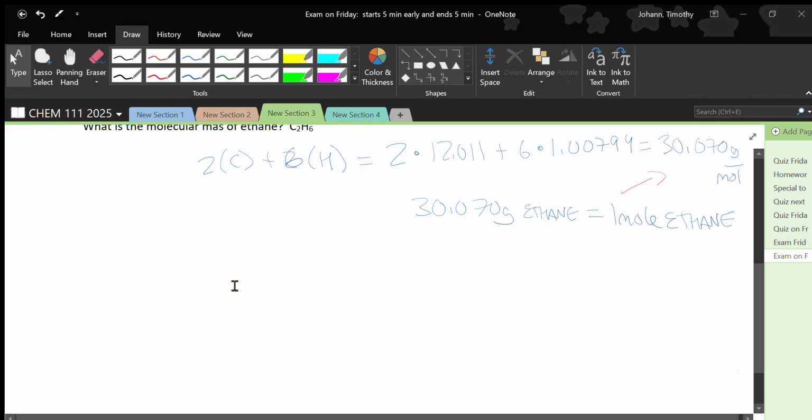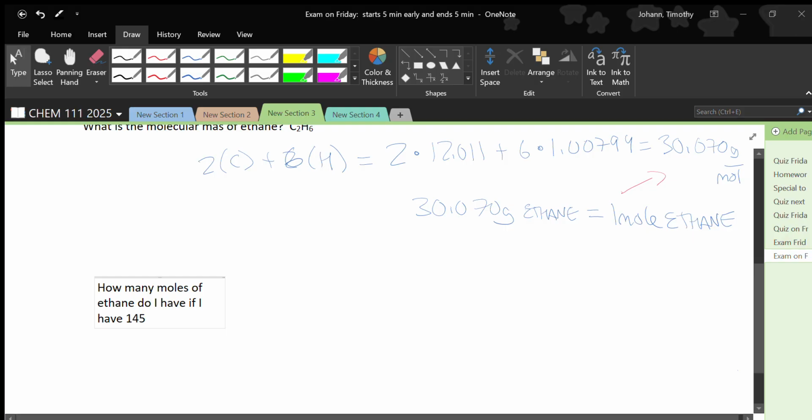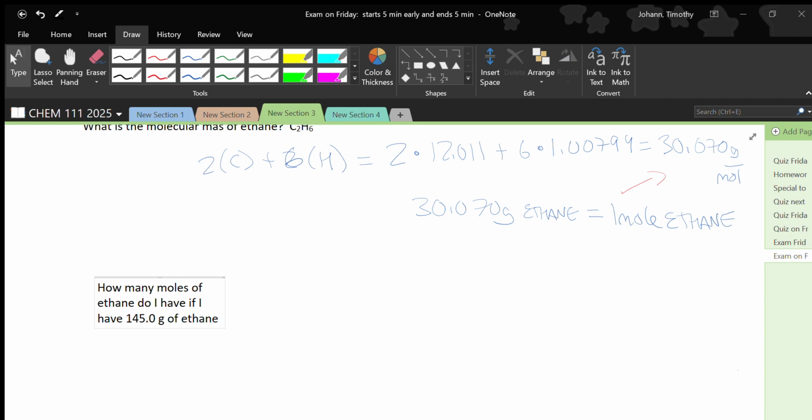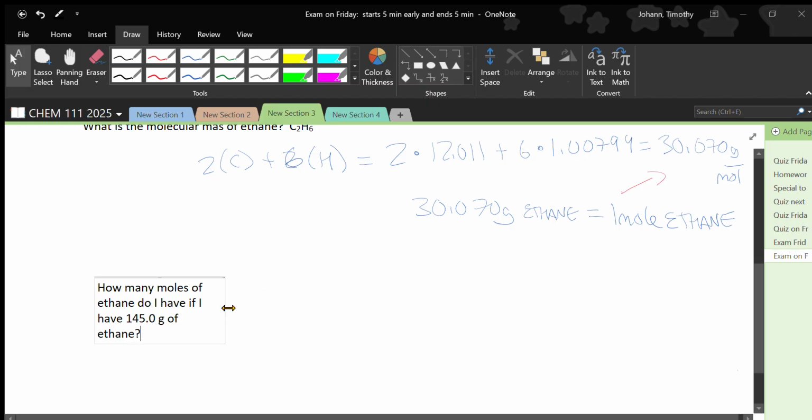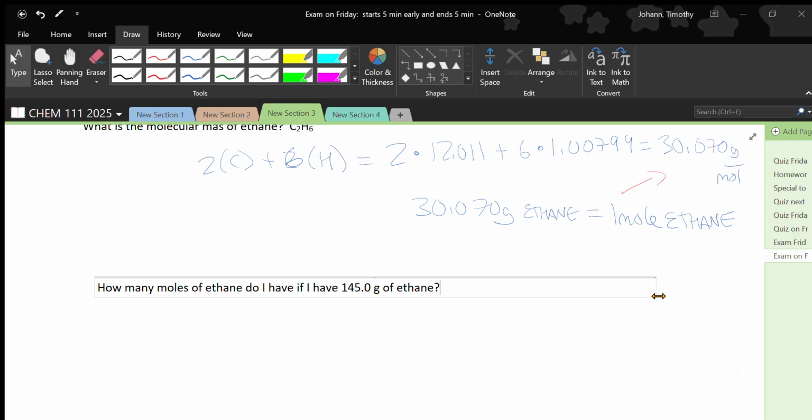So how many moles of ethane do I have if I have, let's say, 145.0 grams of ethane? Go ahead and take a minute and try to at least set that up. And you should be good enough at this that you can set that up in a minute.